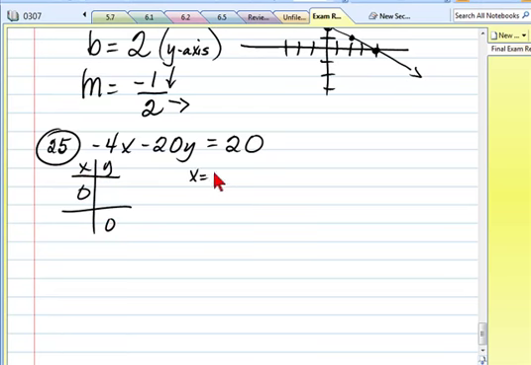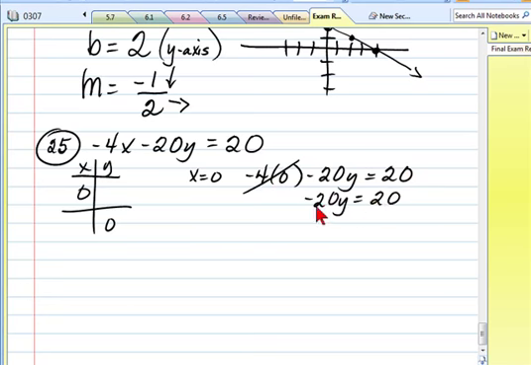If x is 0, then I have negative 4 times 0 minus 20y is equal to 20. That term is 0, so I have negative 20y is equal to 20. Divide by negative 20. Whoops. And y is equal to negative 1. The y-intercept is the point 0, negative 1.